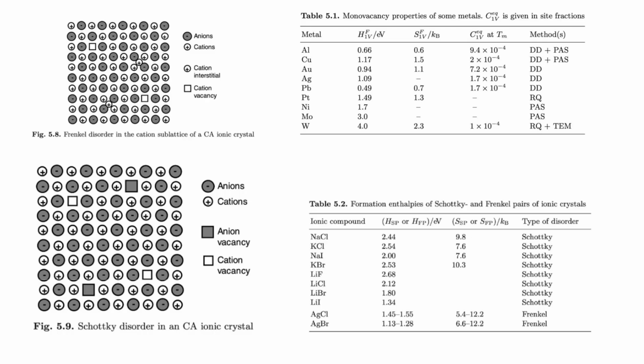That's an interstitial. So once you do that, you create an interstitial, but you also create a vacancy. So again, it's a pair. You've got two defects, one here, one there. You can see that's totally different from the rest of it. So this is what's called a Frenkel disorder, Frenkel defects.